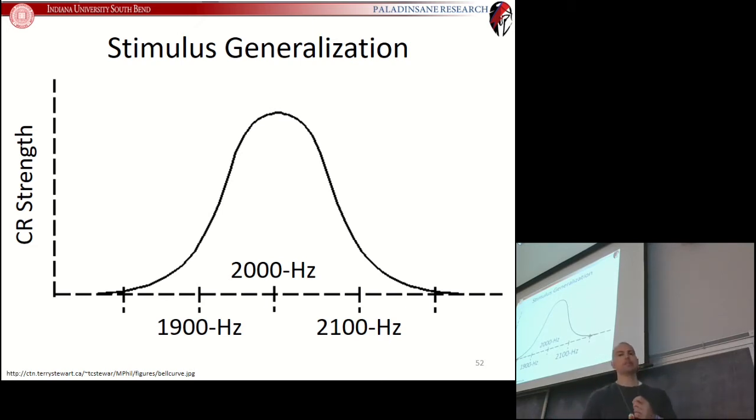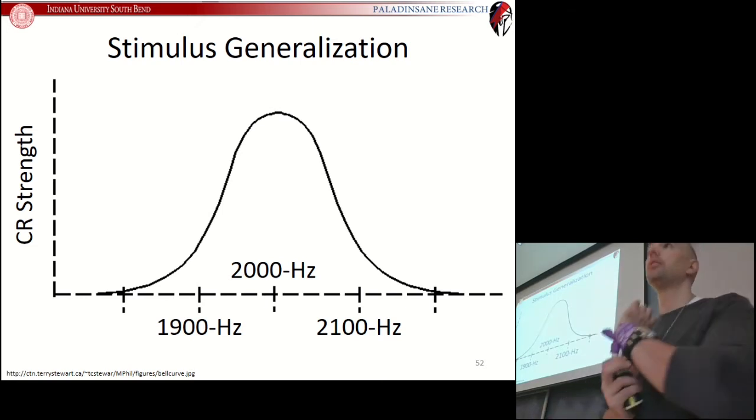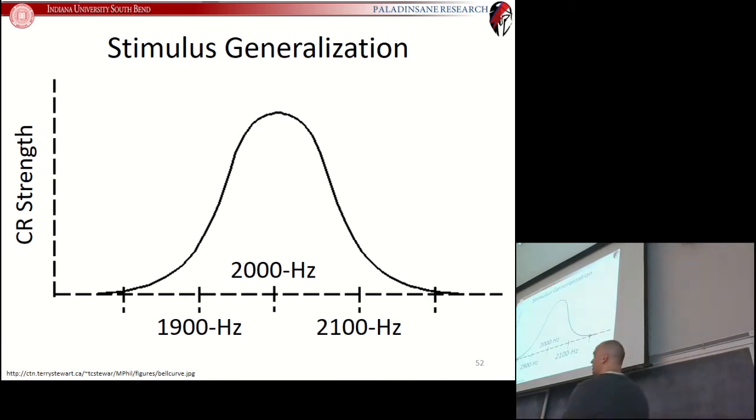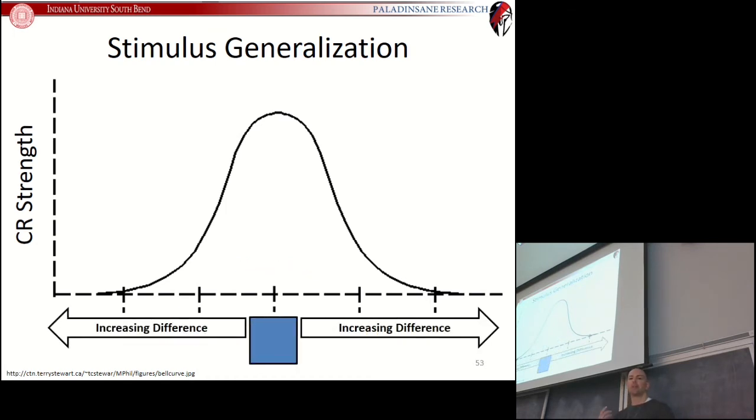So if anybody's interested in animal psychology, if you're ever interested in understanding the behavior of animals, the cognition of animals, stimulus generalization is actually a great tool that you can use to test what an animal is thinking or how an animal thinks. So one way that you can use it, let's say that you wanted to know whether or not an animal categorizes colors the same way that we do, right?